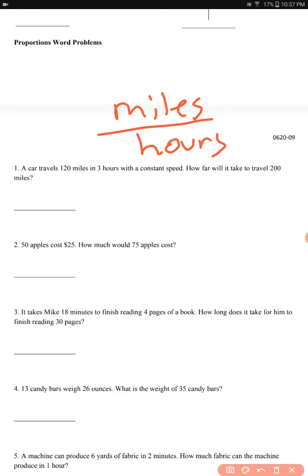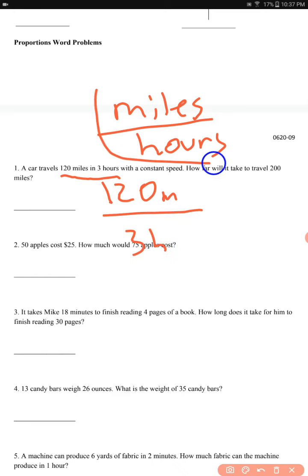In this situation, it doesn't necessarily matter which one is on top, but let's just go with miles over hours. So 120 miles in 3 hours, 120 miles over 3 hours, as we set up here.